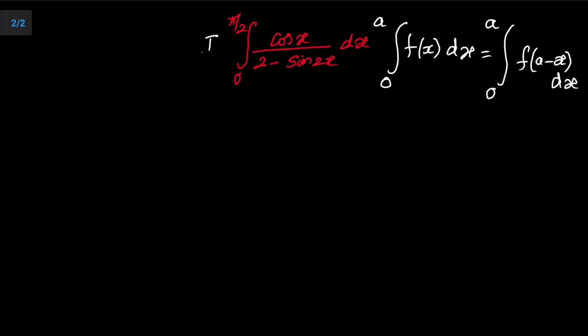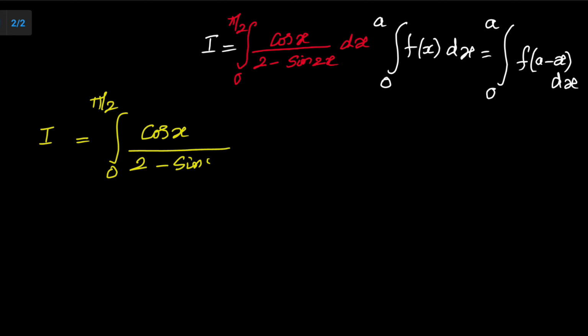So let us say this is equal to I. Then we can say that I equals to integral 0 to pi by 2 cos x divided by 2 minus sin 2x dx.